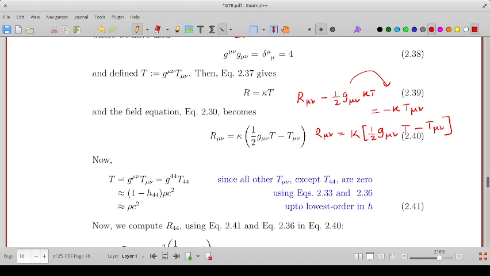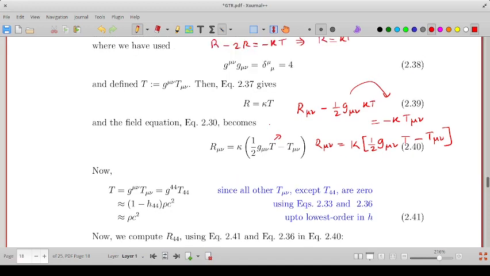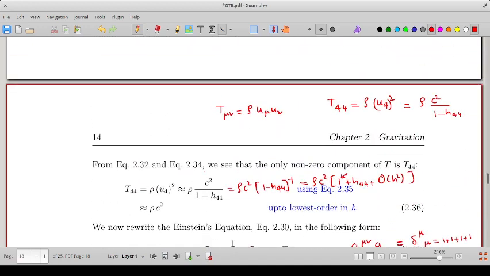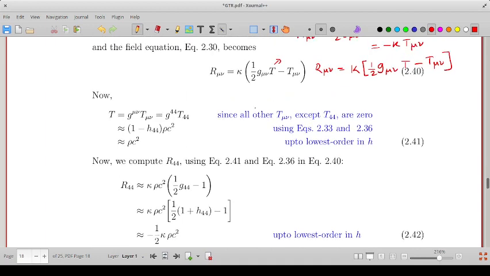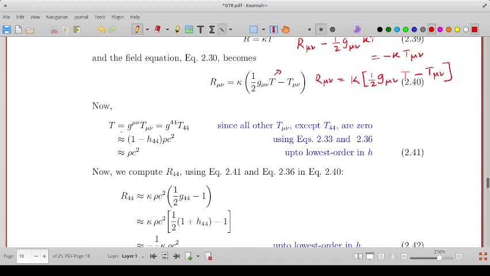So to find T, we now compute the following. T is equal to g mu nu T mu nu, and the reason why we did this is because we can compute T from the expression for the energy momentum tensor that we got over here. The only non-zero component in the rest frame of the dust is T44.